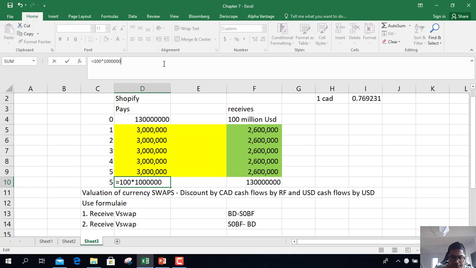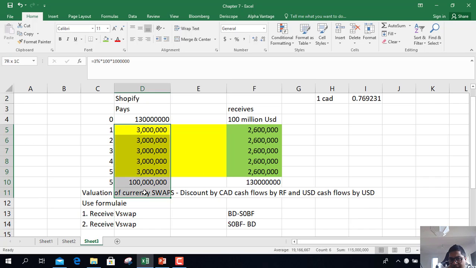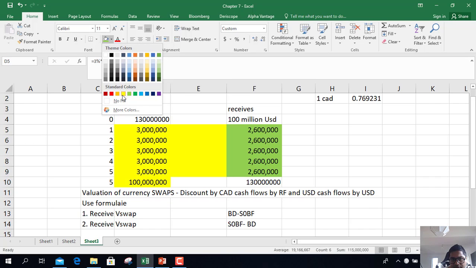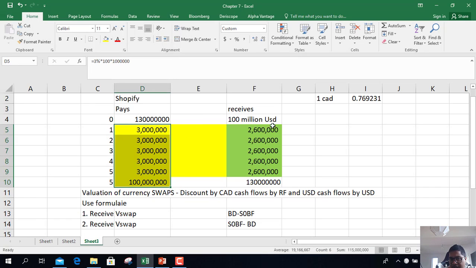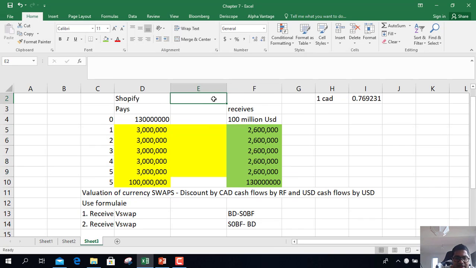How do you find the value of a swap? You discount these highlighted cash flows by the US risk-free rate, and you discount these highlighted cash flows by the Canadian risk-free rate. So let's say the risk-free rate in the United States, R, is 2%, and the risk-free rate in Canadian dollars, RF, is, let's say, 3%.